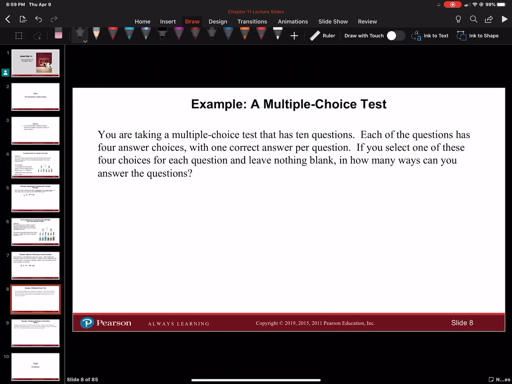So let's look at this. The first thing you need to think about is we have 10 questions. But each question has 4 answer choices.